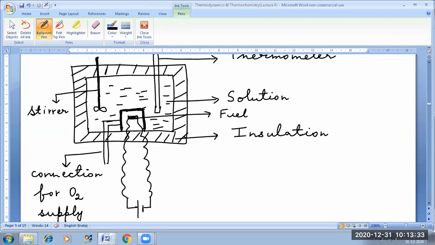Whatever substance whose combustion reaction is to be studied is called a fuel. It could be carbon, naphthalene, benzoic acid, or glucose. That means any substance whose combustion reaction will take place inside this bomb is called a fuel. The fuel is placed inside the bomb, and the bomb is made of steel.